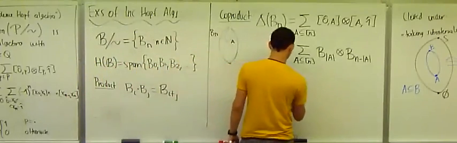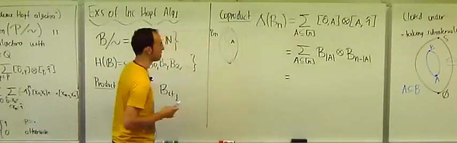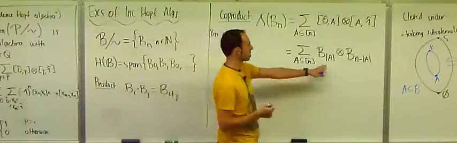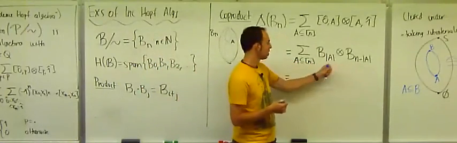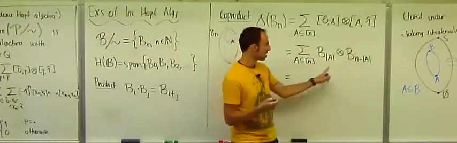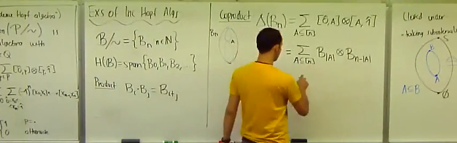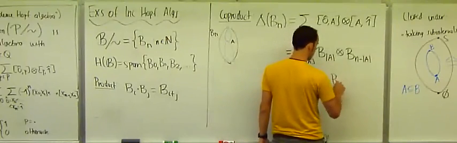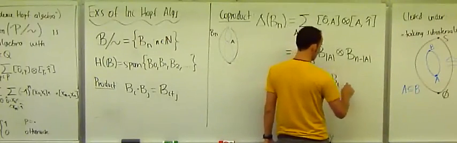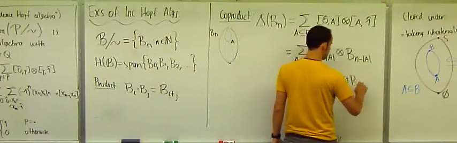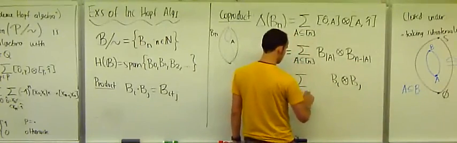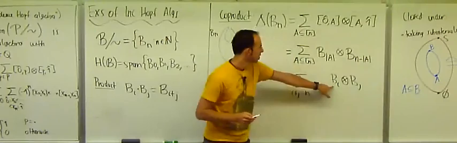So, is there a simpler formula for this? Well, yes, because there's a lot of terms that are equal to each other here. Whenever two sets A have the same number of elements, they give you the same contribution, right? And so what I'm going to get is terms of the form bi tensor bj, where i plus j add up to n. And how many times does this appear?